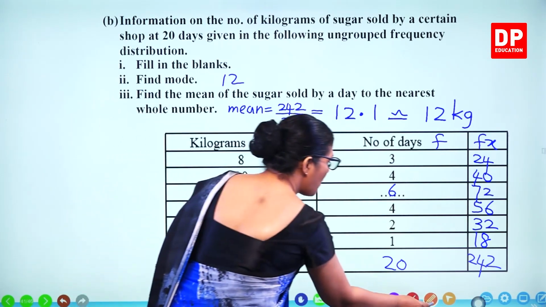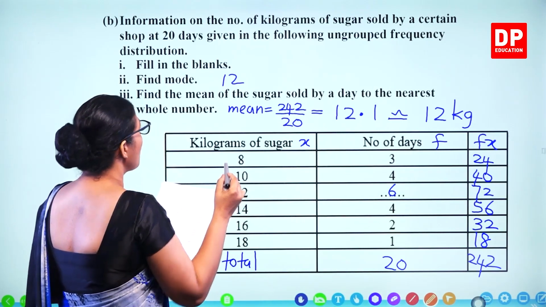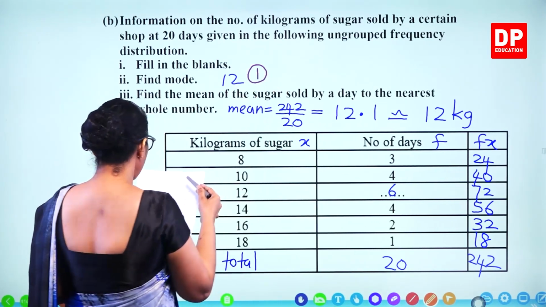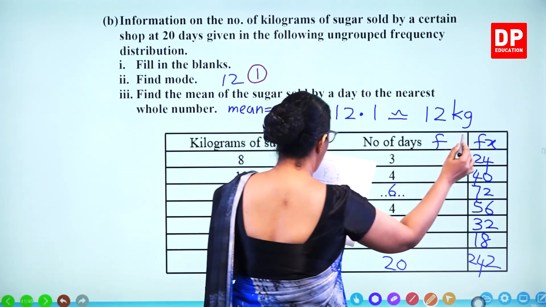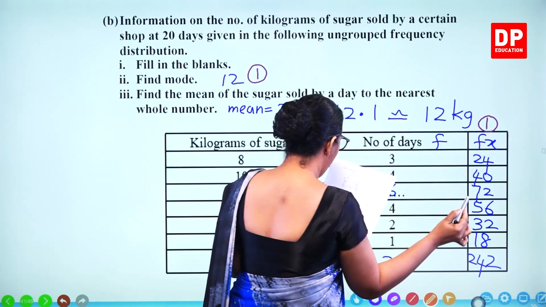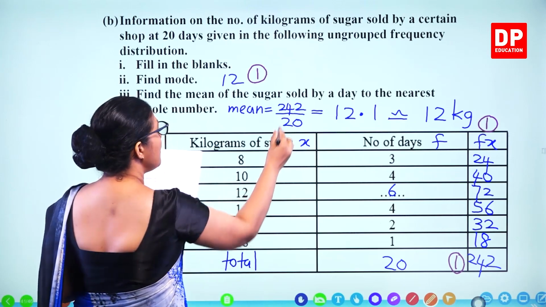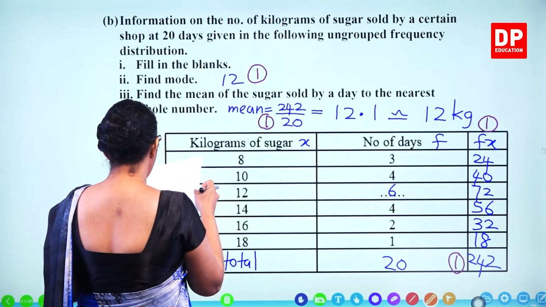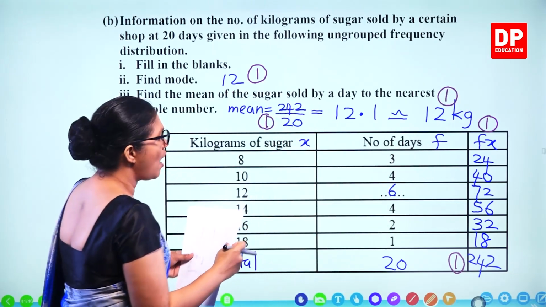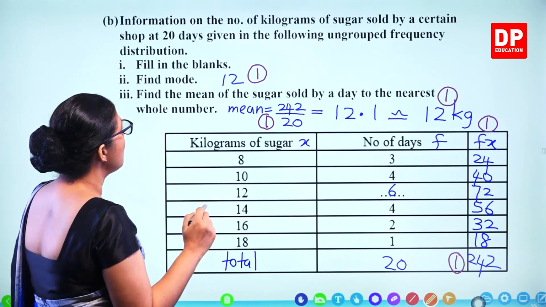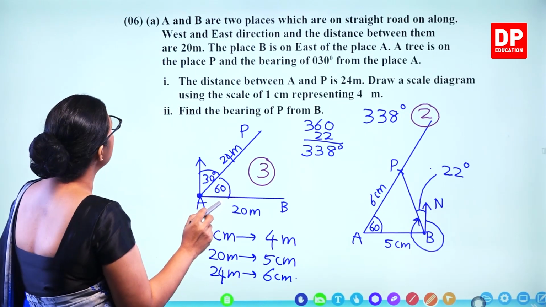So we'll see how many marks for this. 1 mark here. And these are the marks given. Fx value 1 mark and total fx 1 mark, and dividing these two 1 mark, and finally the answer 1 mark. So we'll see how many marks. 1, 2, 3, 4, 5, 6, 7, 8, 9, 10.